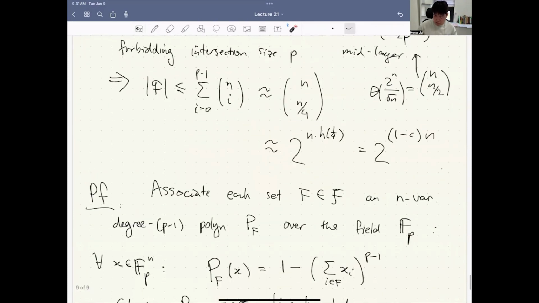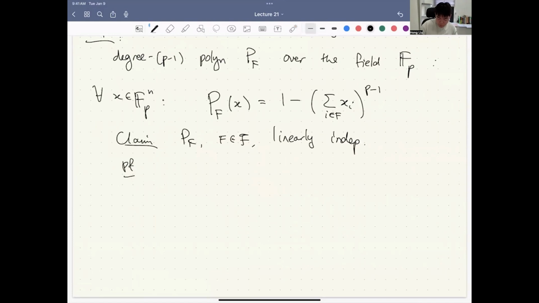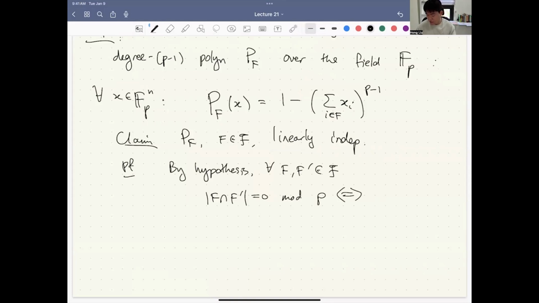All right, so let's write it down. Proof. By hypothesis, for any F prime in the family, the intersection of F and F prime is 0 mod p if and only if F and F prime are the same. So we can then evaluate each polynomial at the characteristic vector of every set in our family.